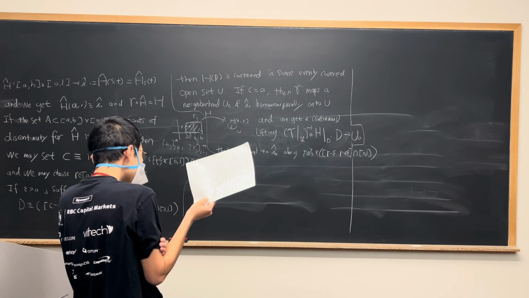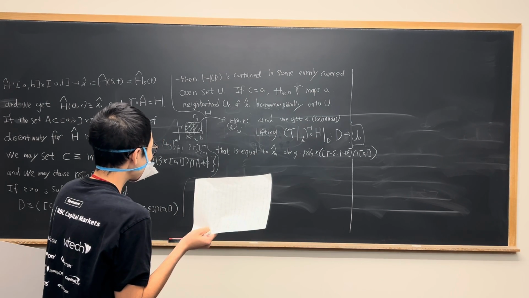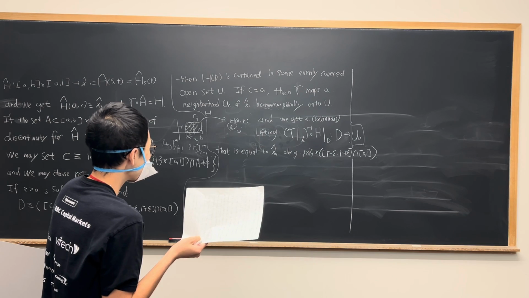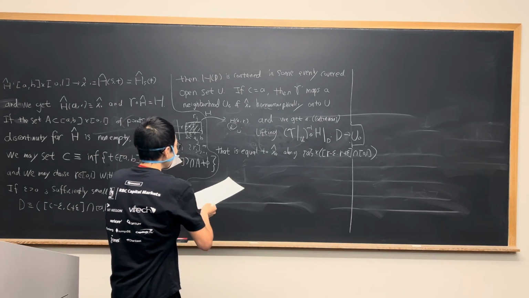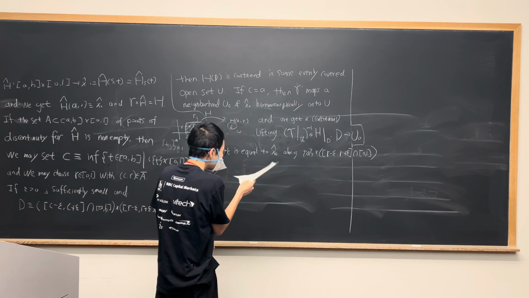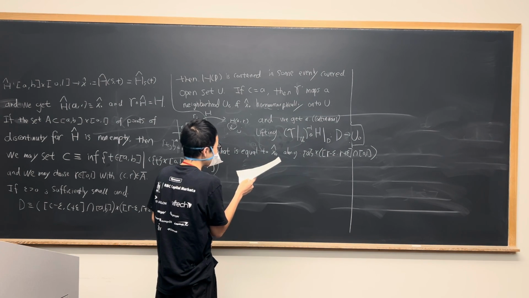What it shows here is that this is definitely a continuous map, because H is continuous.